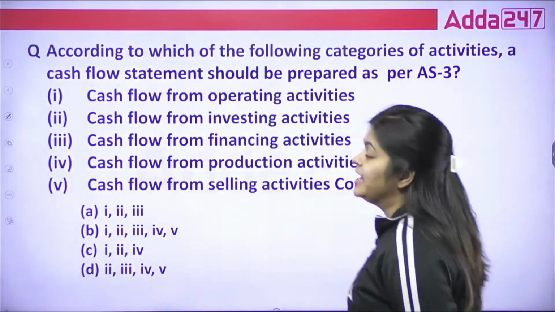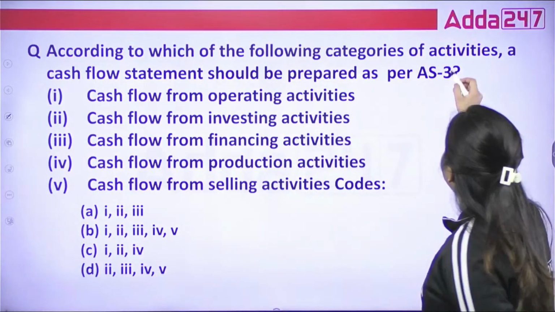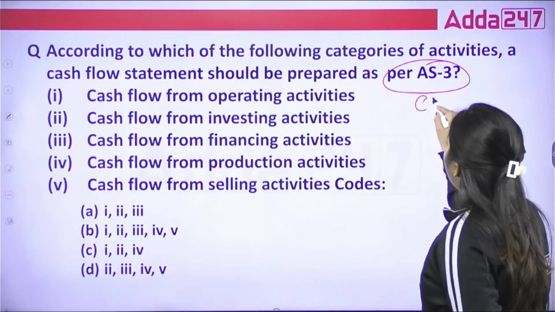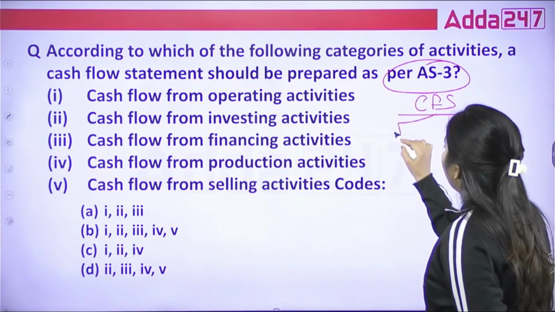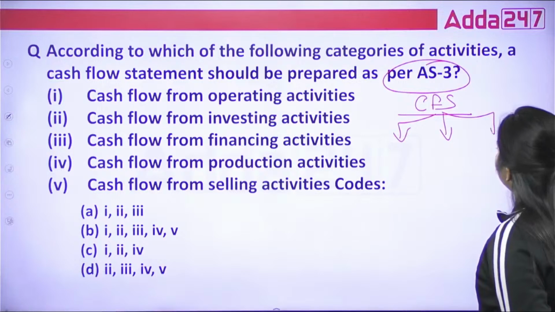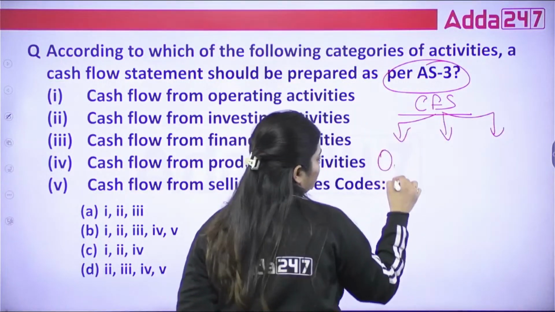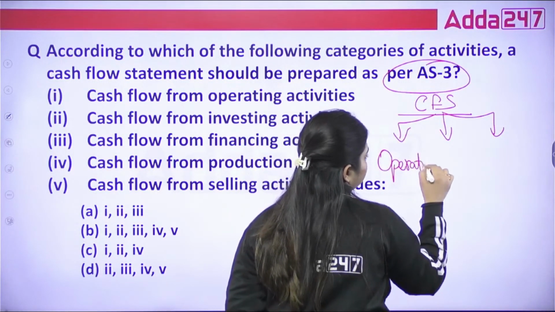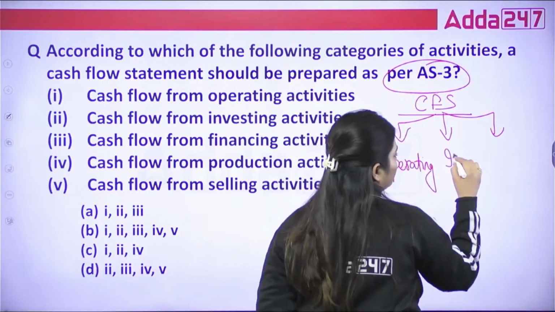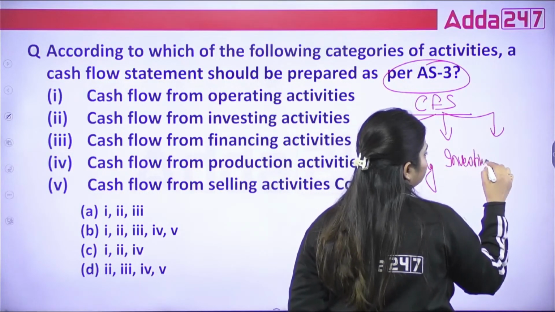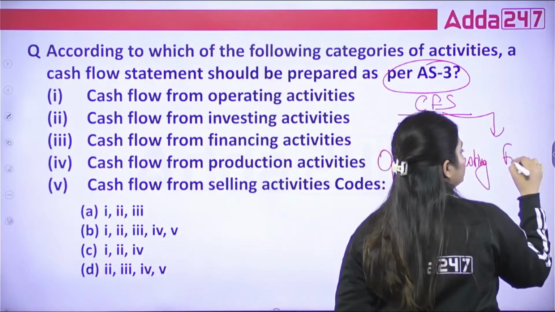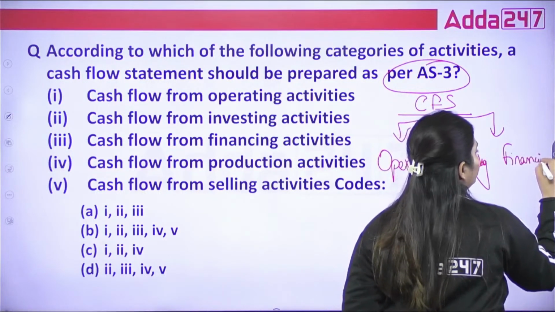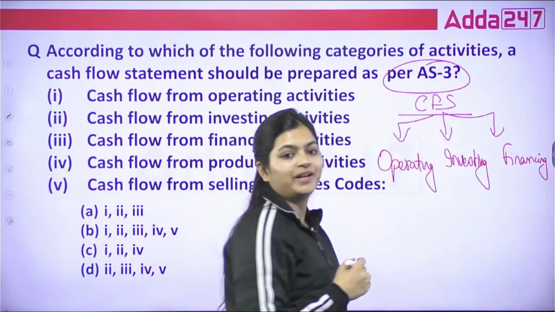Correct. So see, as per AS 3, we divide your cash flow statement into 3 activities. Number 1 is your operating activity. Then you have investing activity. And then you have financing activity. Only these 3 activities are given as per AS 3.